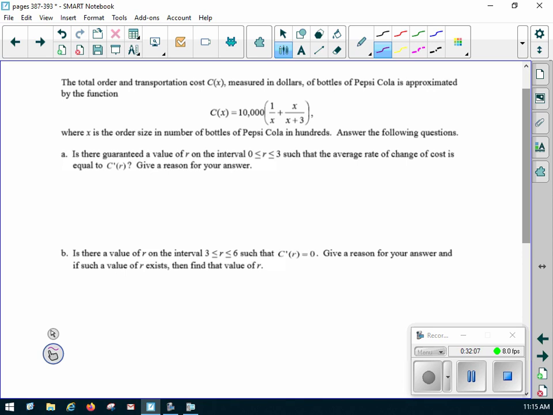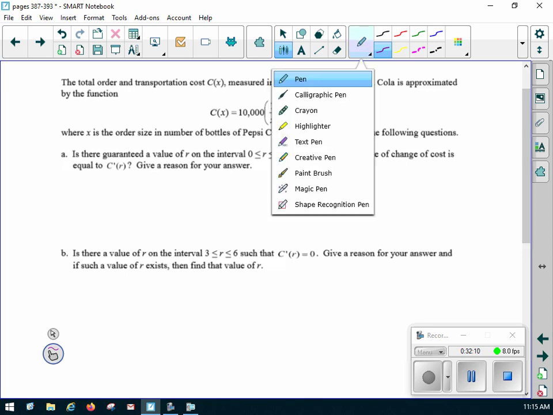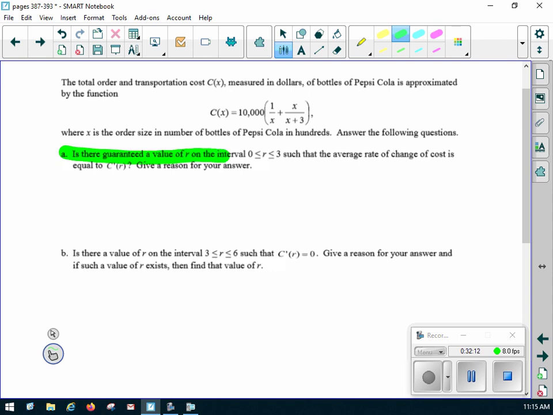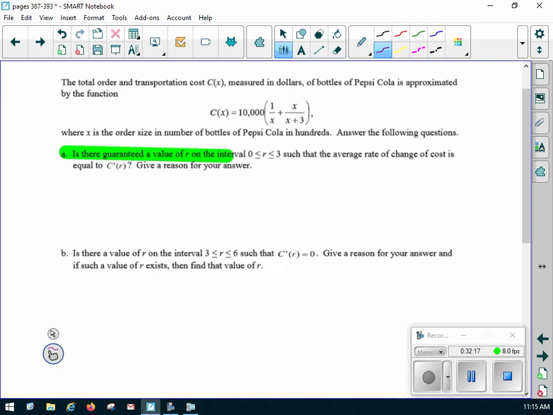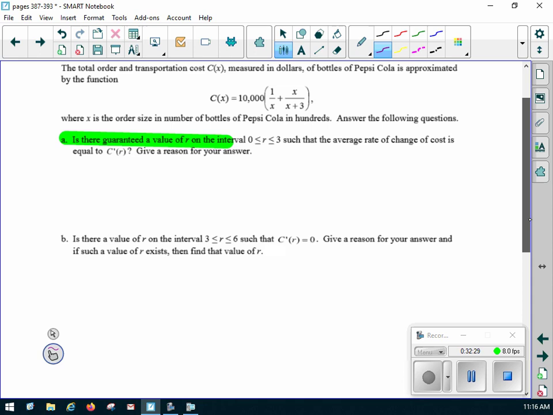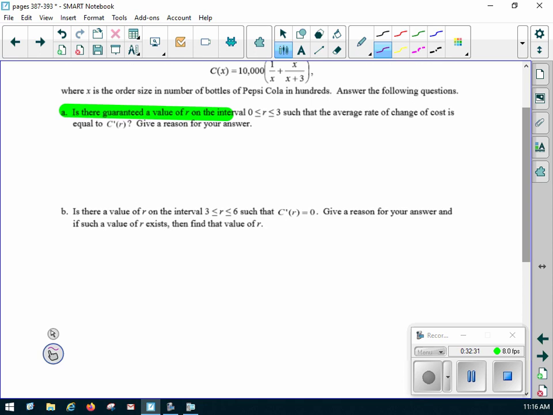All right, so let's look at part A. Is there a guaranteed value of R? What's screaming in your head? Theorem! Theorem! It's a theorem. Not run. That's not what I want screaming in your head. It's a theorem such that the average rate of change of cost is equal to C prime of R. What theorem?